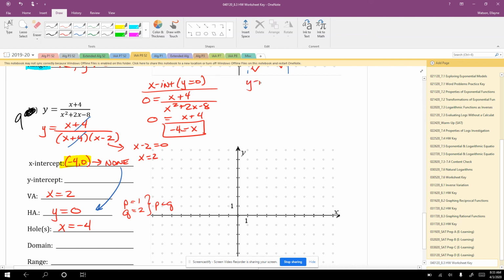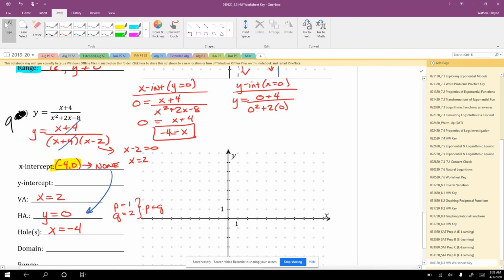All right, y-intercept. This is when x equals 0. So plug in 0 for every x in the original expression. And you're going to get 4 over -8, so -1/2. So y-intercept is at 0, -1/2.